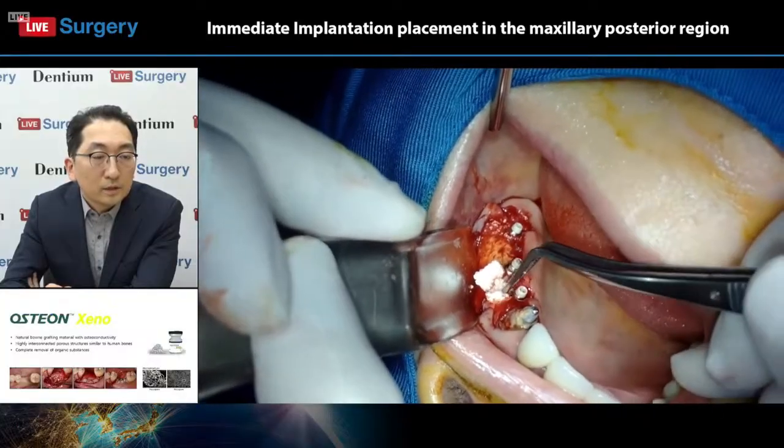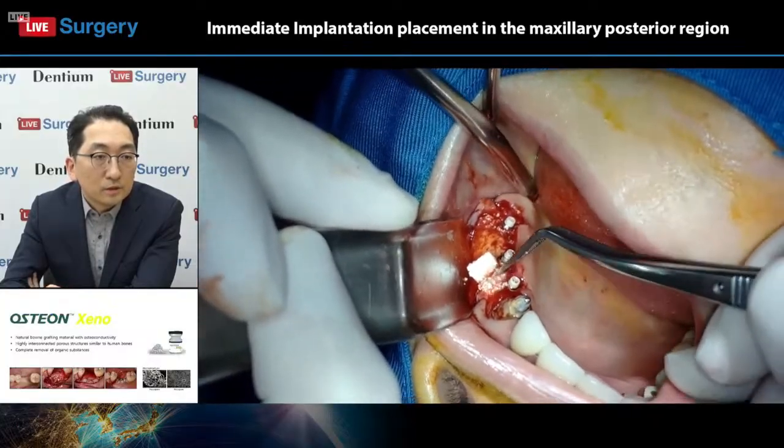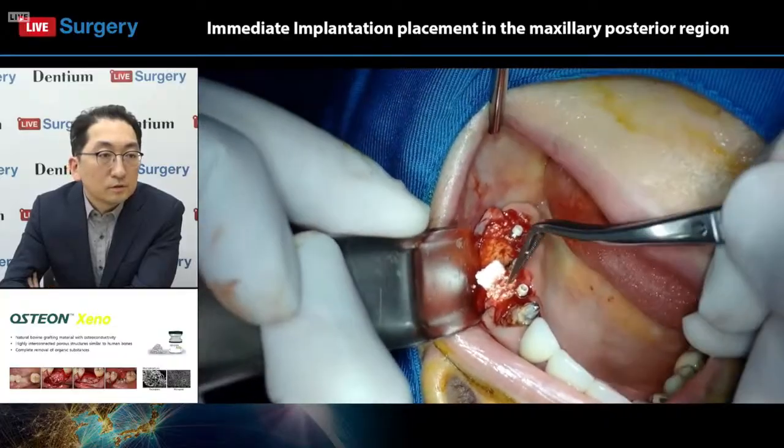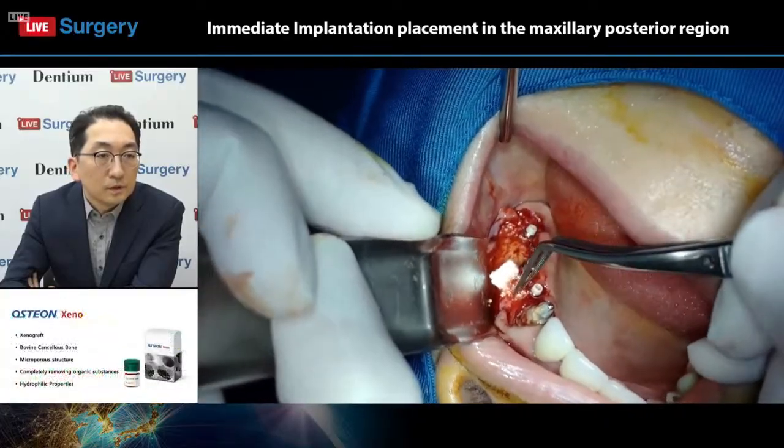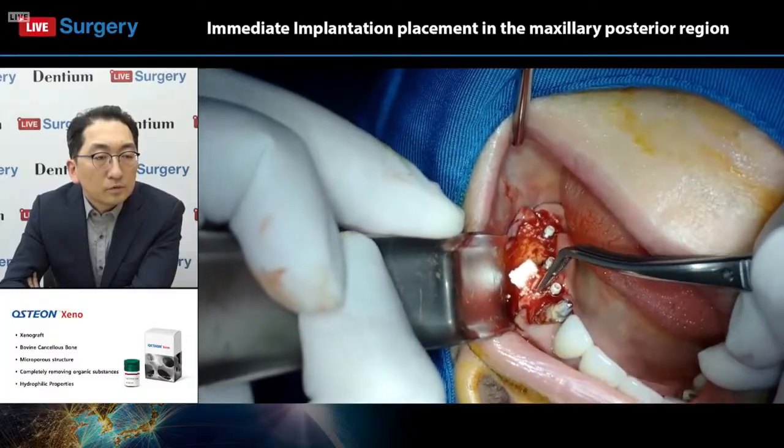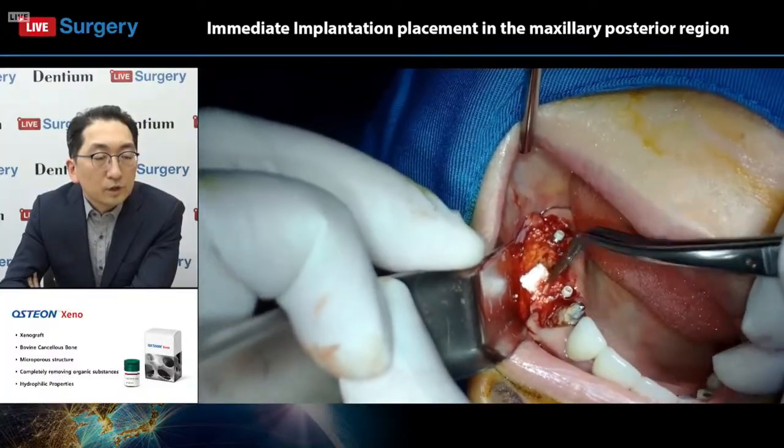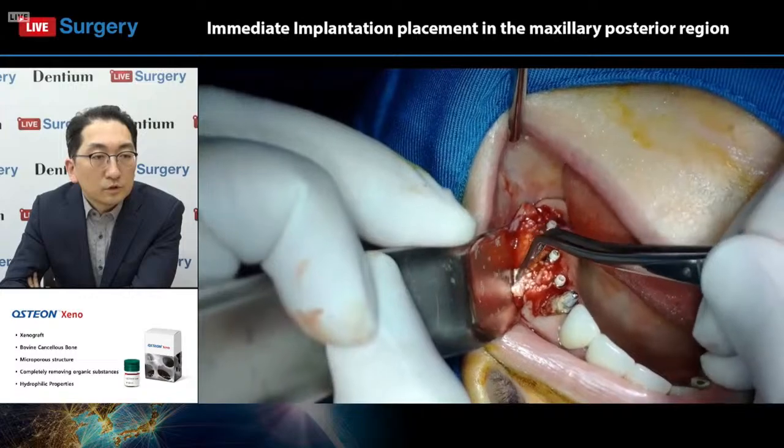Collagenated bone makes the handling easier. And the bone grafting to the 24 extraction socket area.